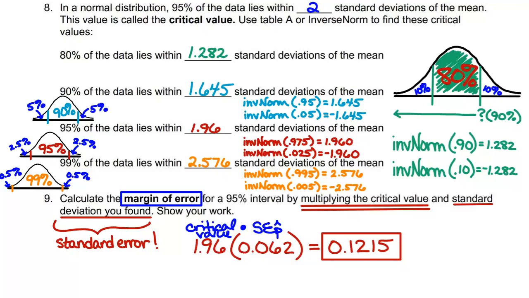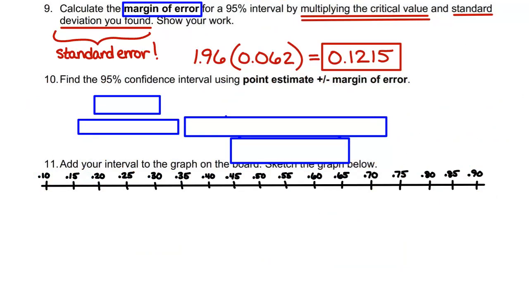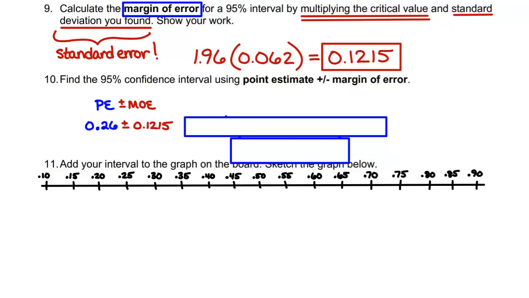All right. So I want you now to find a 95% confidence interval using your point estimate. So point estimate plus or minus the margin of error. So for me, that would be 0.26 plus or minus 0.1215.